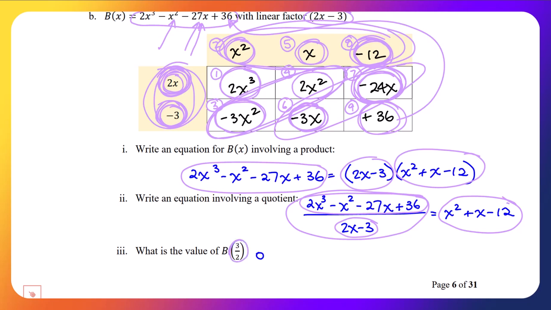Surprise, surprise, surprise. If we plug in 3/2 here, that would be way no fun. But do you see if I plug in 3/2 here, I'll get 3 minus 3, which is 0, and 0 times anything is 0.